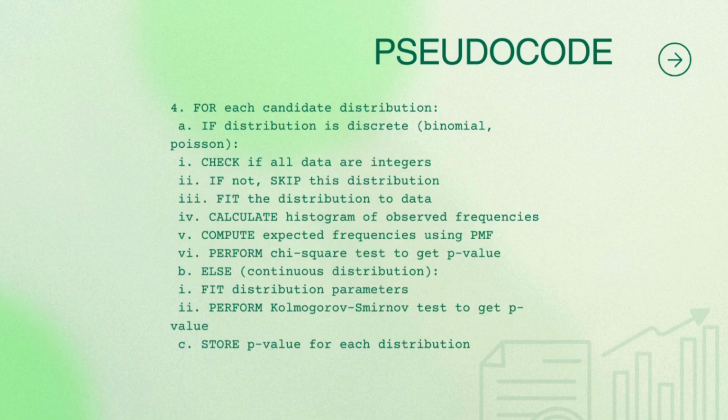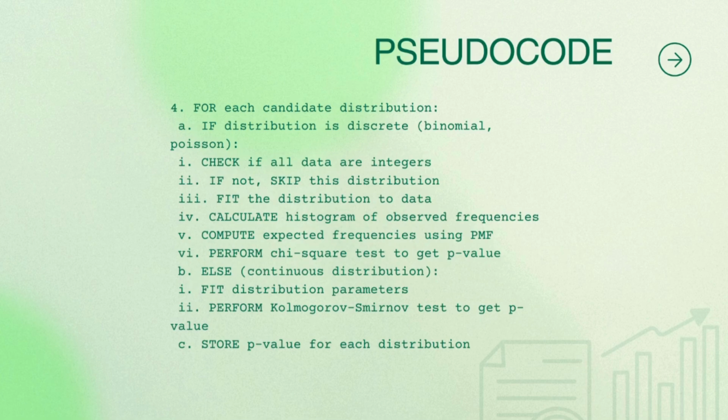For discrete distributions like binomial and Poisson, we first check if the data values are integers. If so, we calculate observed and expected frequencies and run a chi-square test. For continuous distributions, we fit the parameters and use the KS test to compute the p-value.